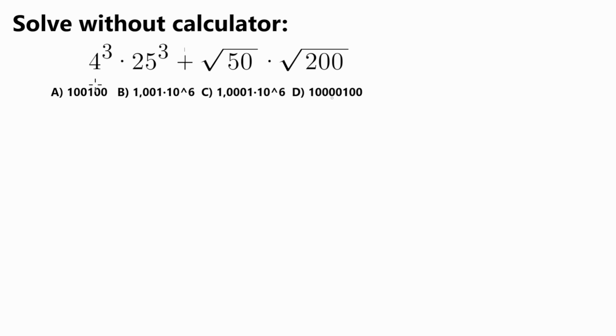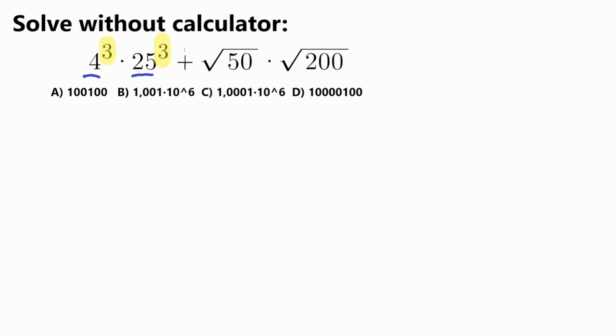First, let's look at the first two terms here. And do you see something similar between them? Yes, they both have a power of 3, right? So since they both have a power of 3, that means that we can use a certain rule. We can merge these two terms together because they have the same power.